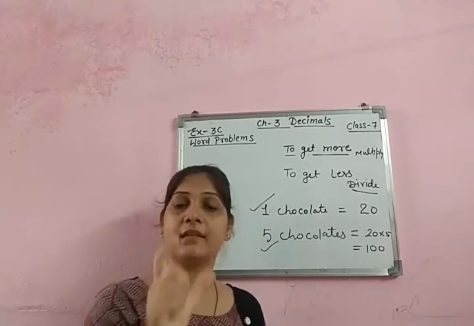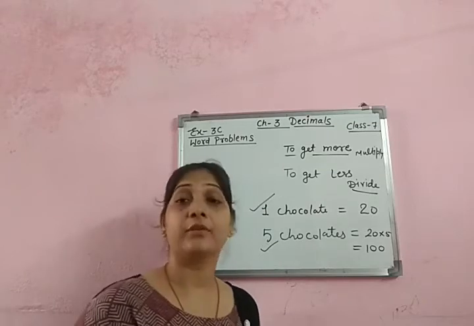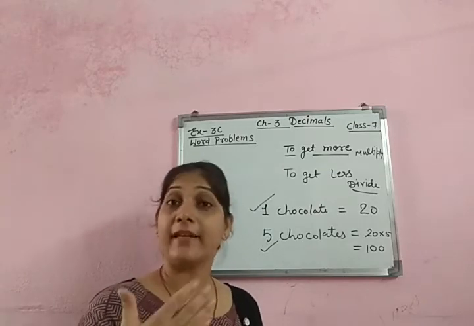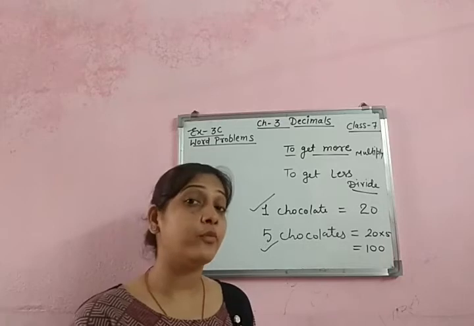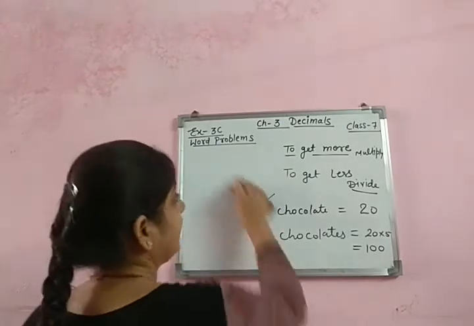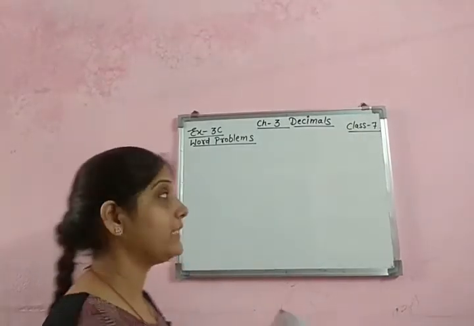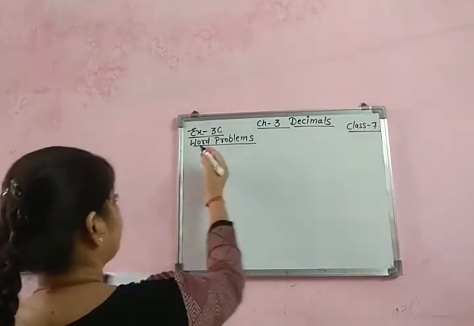The distance covered by a bus in 1 hour is given. You should calculate for 18 hours. So you are finding for 18 hours, it means you are finding for more. So we have to do multiplication, okay? And the statement is also very necessary, so don't forget to write it. Okay, let's do it with me.